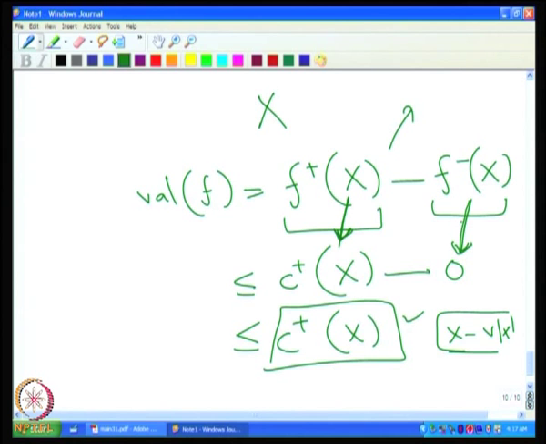That means, if the value of f is actually equal to the capacity of that cut, then we know that the flow value on each outgoing arc has to be equal to the capacity of that arc, which means in our terminology we will say that each arc has to be saturated.